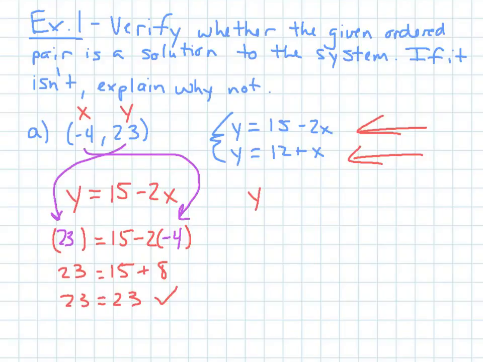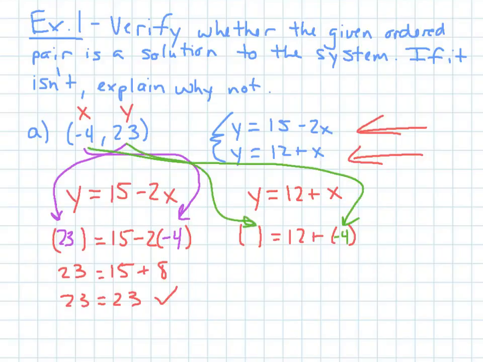So y equals 12 plus x. That means I'm going to plug in both numbers. So -4 goes in for the x, and then the 23 goes in for the y.